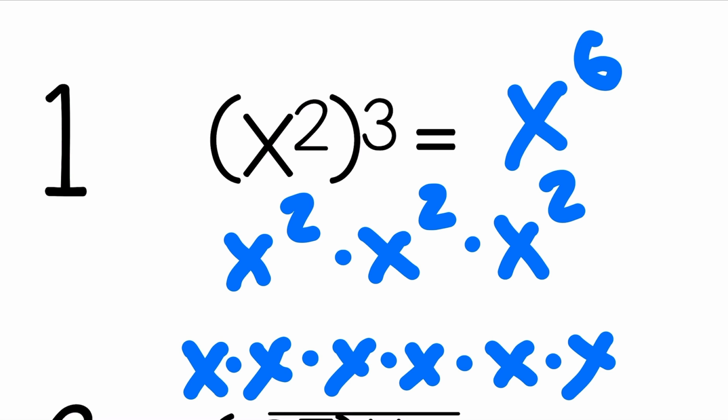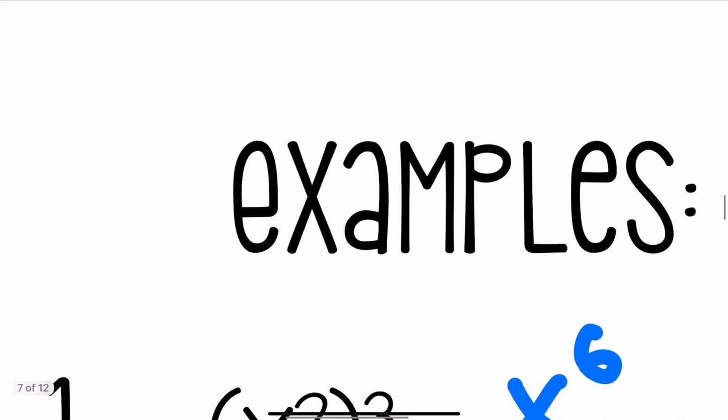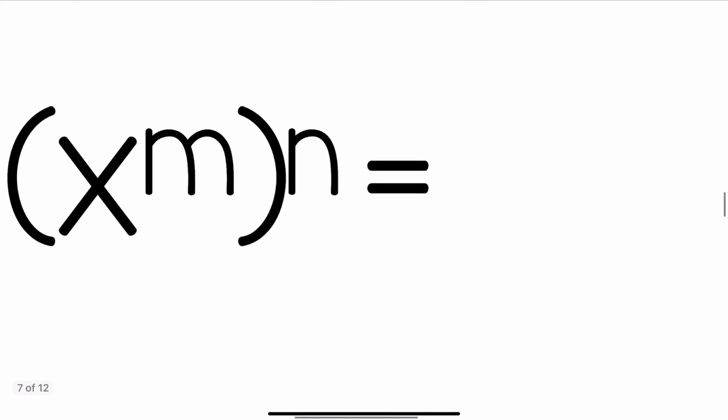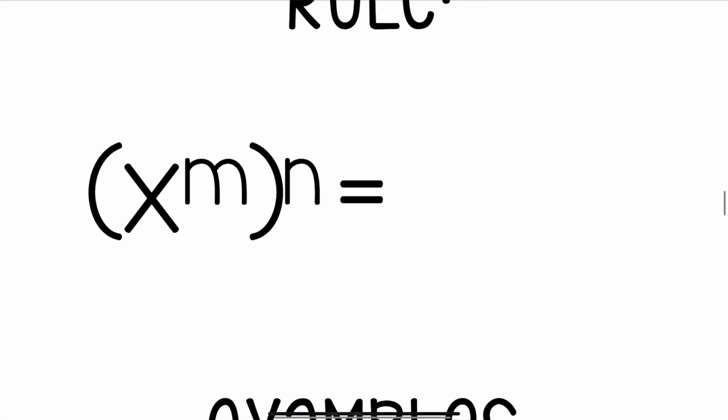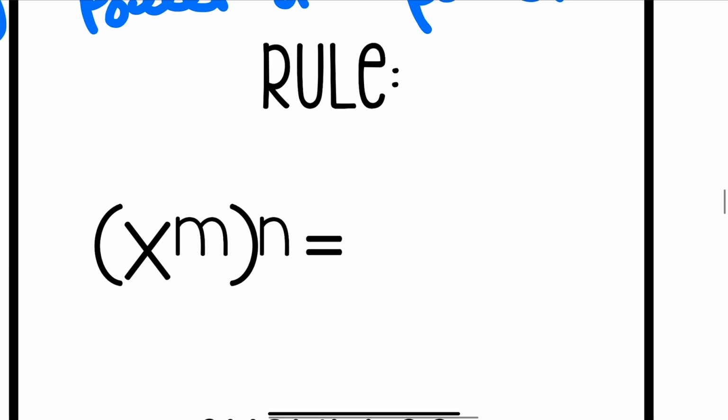So let's look again. How did we get from what we had to our answer? We had a 2 and a 3, so what operation happened between those to get 6? We multiplied them. 2 times 3 gives us 6. So that is going to be our rule for the power of a power property.